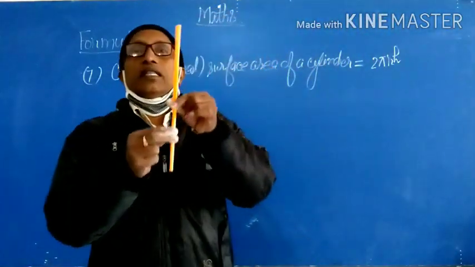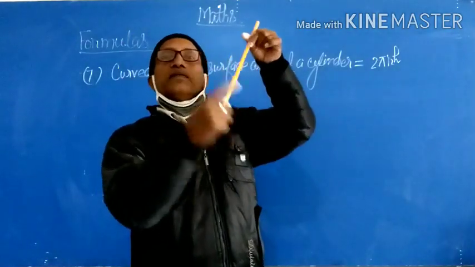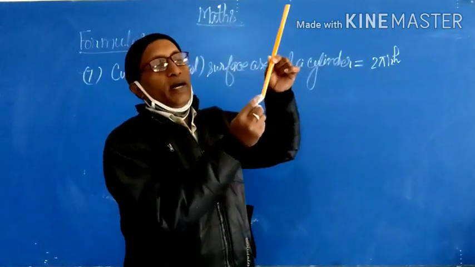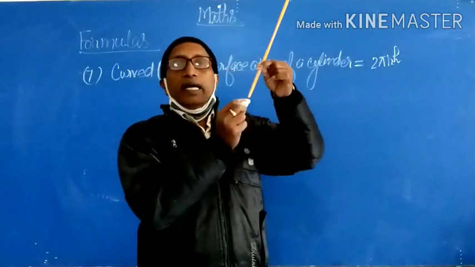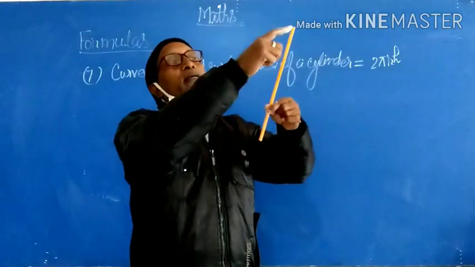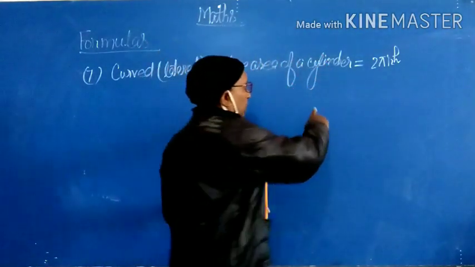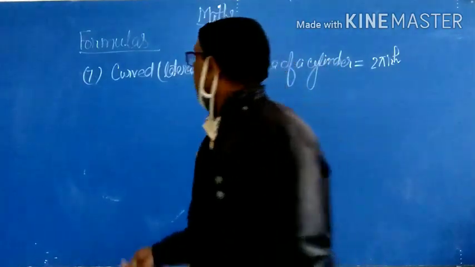If this is a cylindrical shape, then the lateral surface area is this curved surface area, and that is equal to 2 pi r. This is a circular base, therefore this circumference is 2 pi r, and when you multiply by height, meaning length, you get the curved surface area of a cylinder, 2 pi r h.